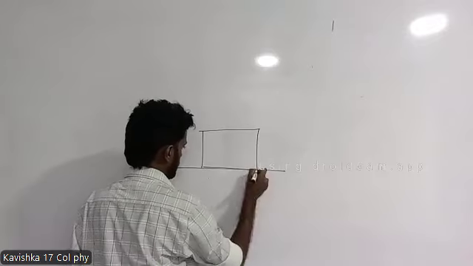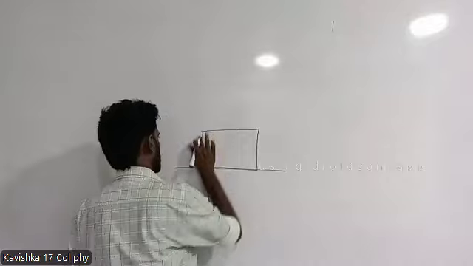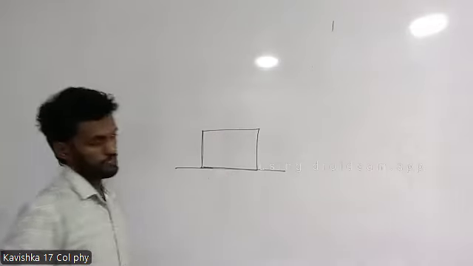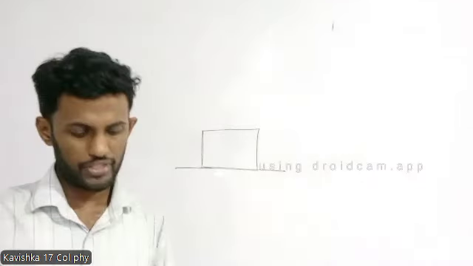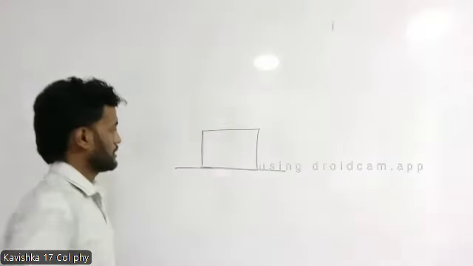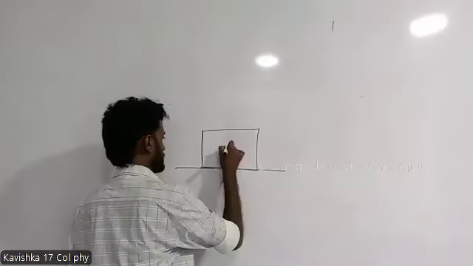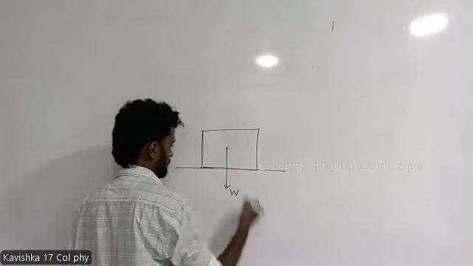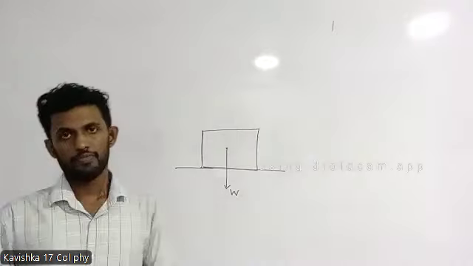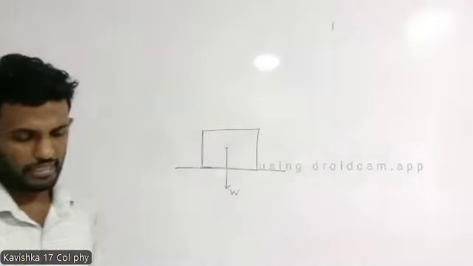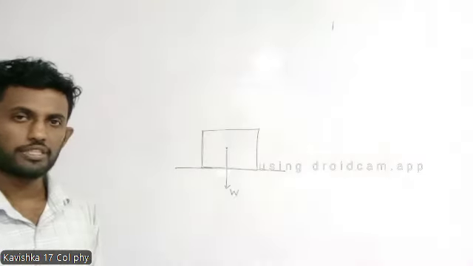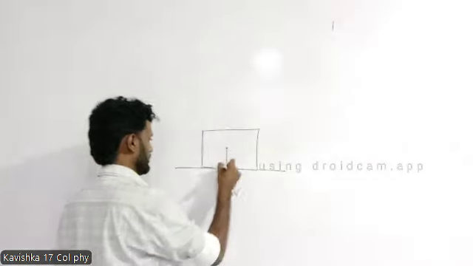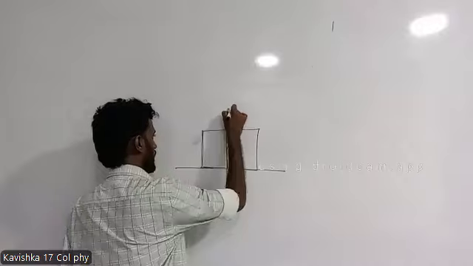What are the forces on this object? The object is pressing, and its velocity is 0. If the velocity is 0, there is no friction. But what are the forces? One is weight. Against the weight there is definitely an opposite force. What is that? Reaction.